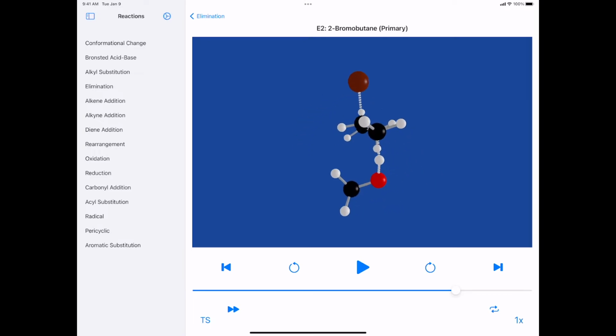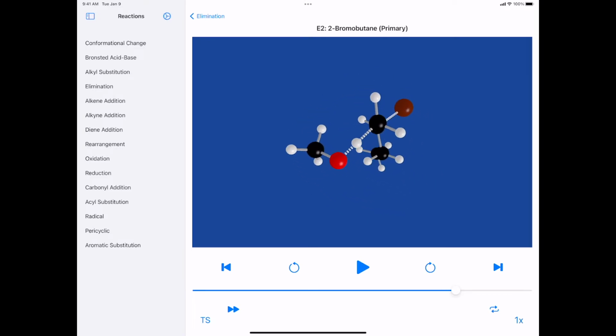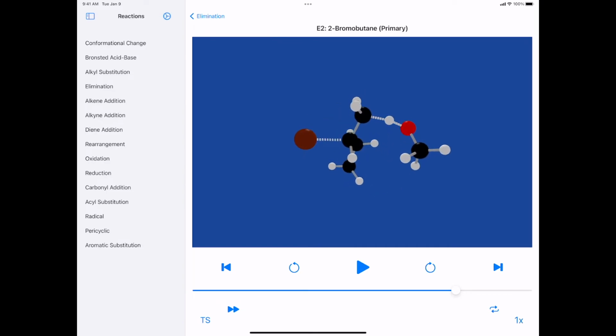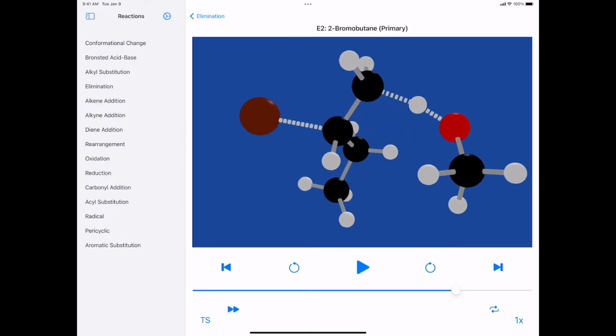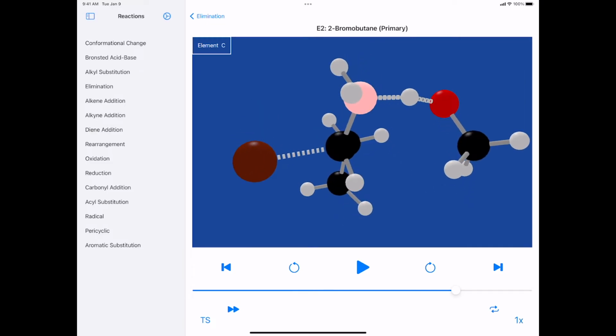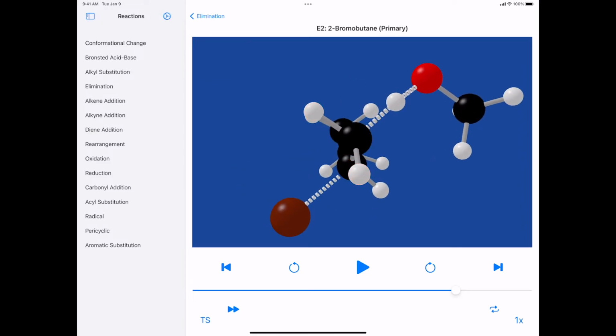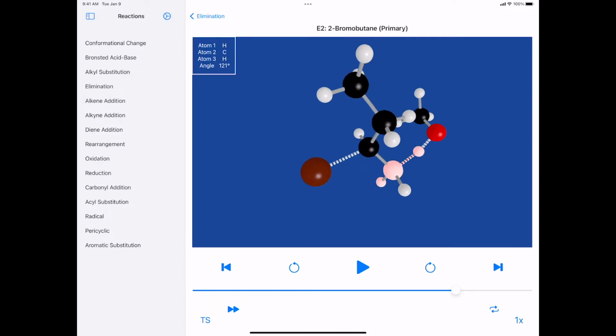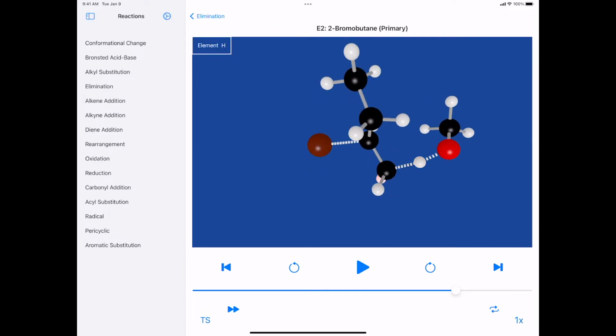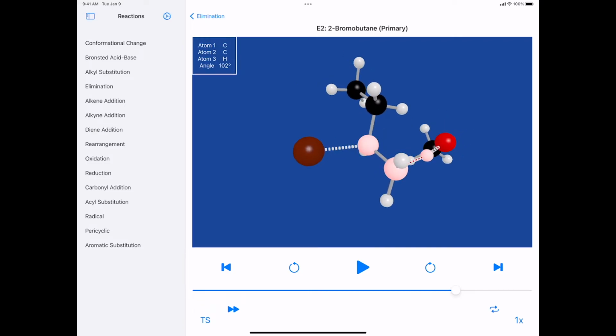So if you look at that carbon where we're doing the removal, it still looks basically sp3 hybridized still, right? Bond angle 112, 121. So maybe it's trying to be sp3 hybridized.